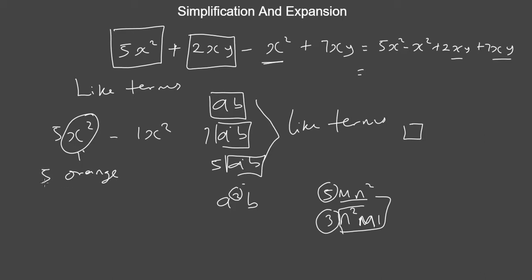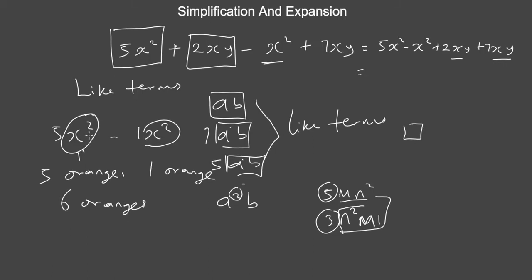It's as if you have 5 oranges, right? Then imagine this will also be an orange, so this is like 1 orange. If I ask you what is 5 oranges plus 1 orange, you tell me it is 6 oranges. So that is basically how you add or subtract like terms.